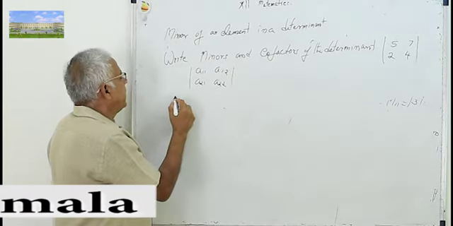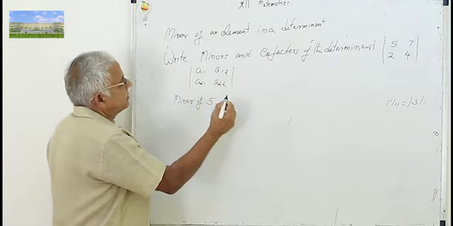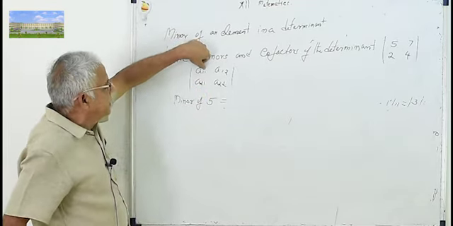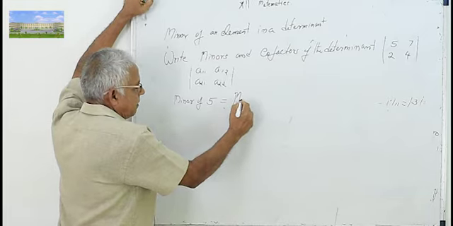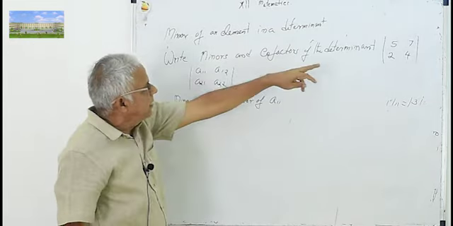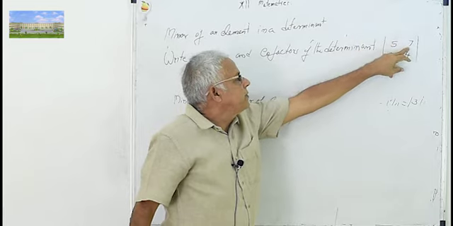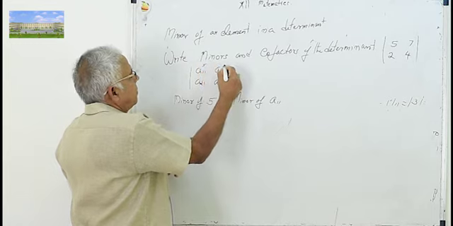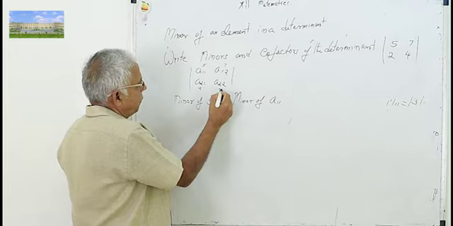So minor of 5: first we find the first element. Minor of 5 is equal to, 5 lies in the A11 position, so that is denoted by minor of A11, because the place value is A11 for 5, A12 for 7, A21 for 2, and A22 for 4.